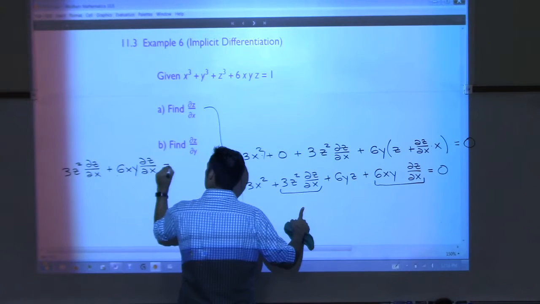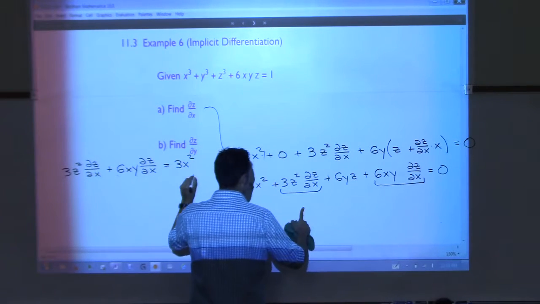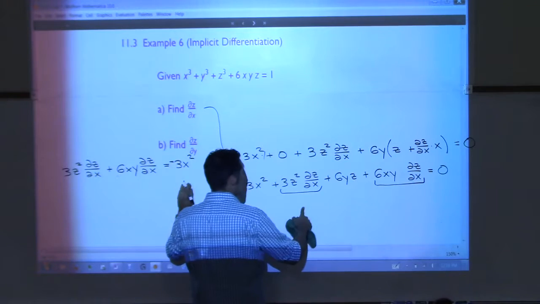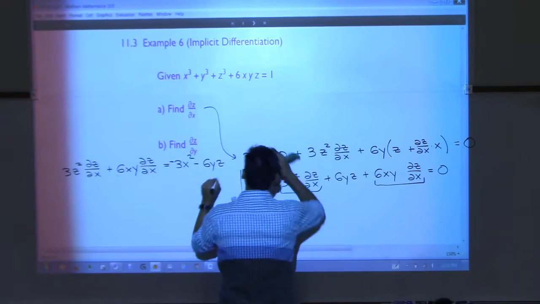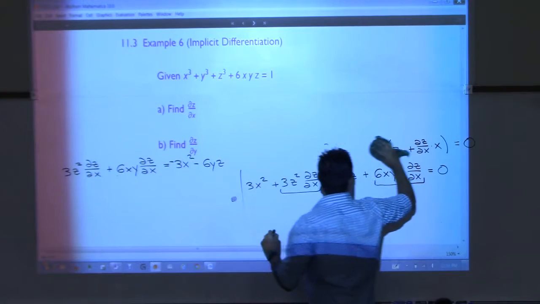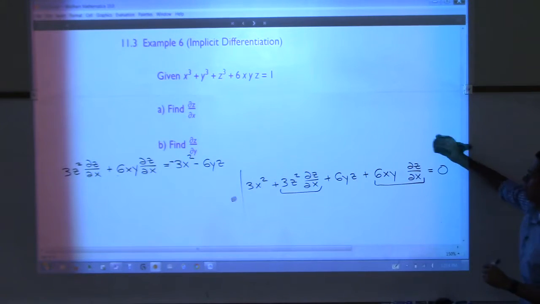So I was saying, why am I doing this? So I can factor out the partial on the left side. When I move these over, these both get turned to negative, right? And then factor out the partial and then divide through, right?